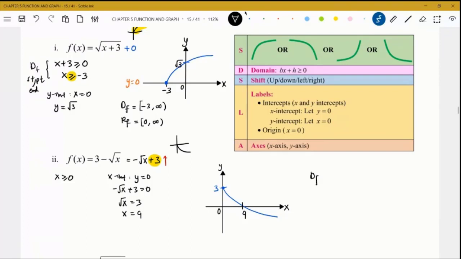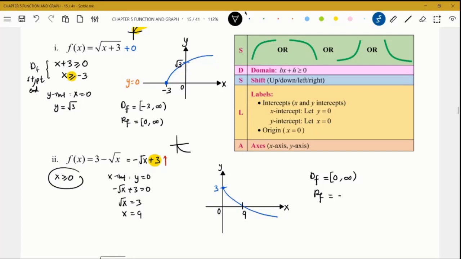So domain starting dia pada x equal to 0. Ini domain to positive infinity. Range ini boleh lepas lagi. So dia endless.